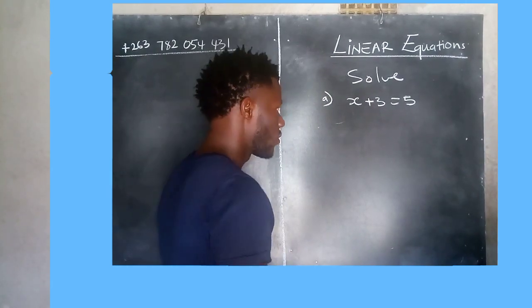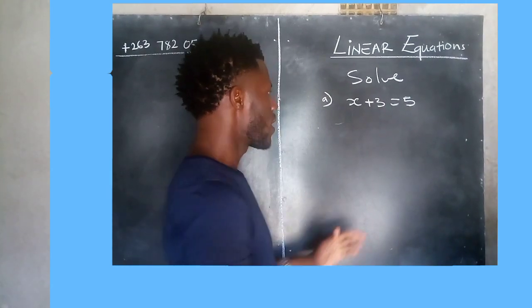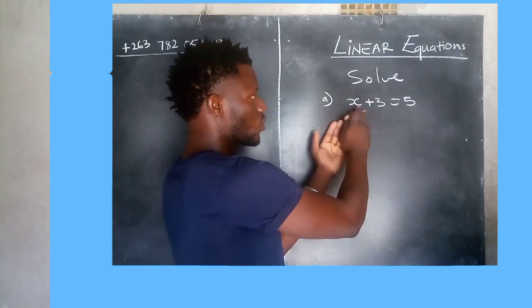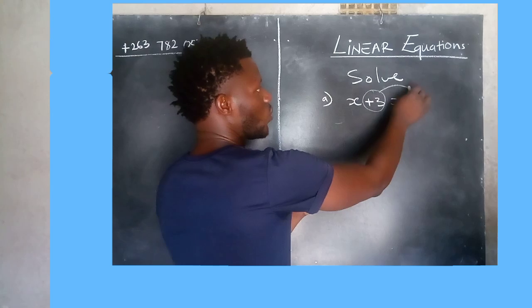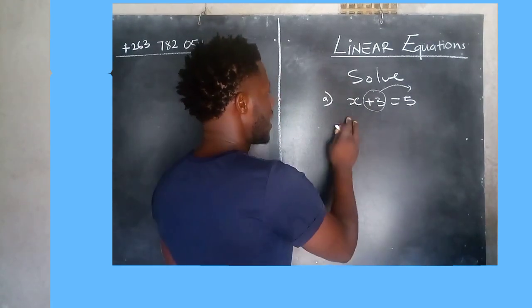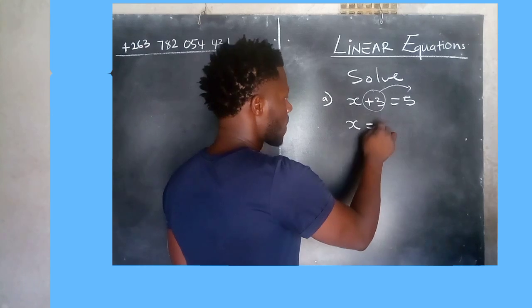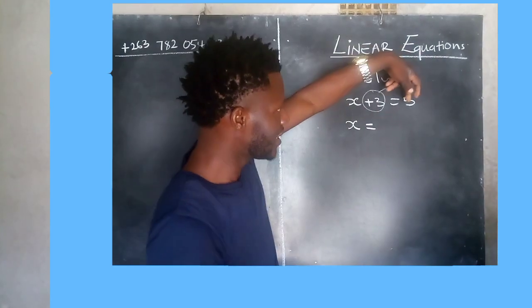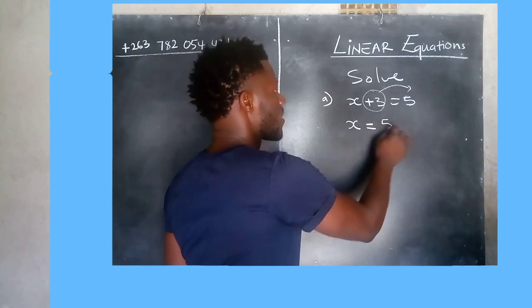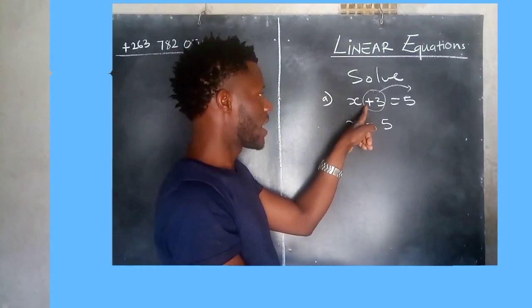So in this case, we are going to use the grouping method. We want to remain with the unknown letter x here on the left-hand side. So this 3 must be grouped to the other side of the equal sign, where it will find a like term. X will remain. Then please start by writing down the term which is already there on the other side. That is 5. Then you group this, which was plus 3.